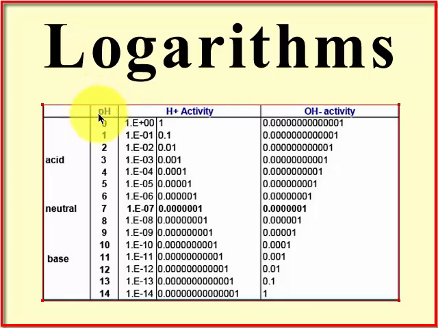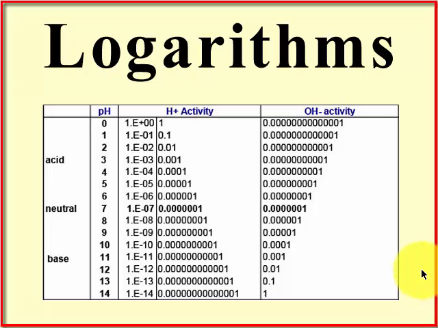And if it has a pH balance of greater than 7, it's considered a base. So look at this base, right? This is 10 to the negative 14. So in other words, there should be 13 zeros in front of that 1, which means it's a little bitty tiny number. So we don't want to write these little tiny numbers. We just want to simply write the logarithms of these guys.